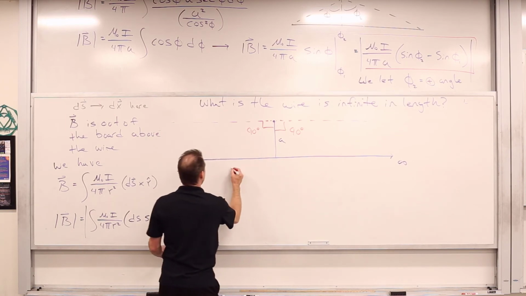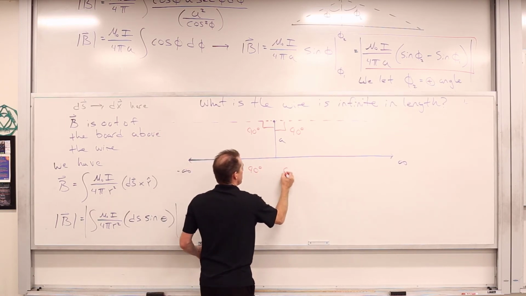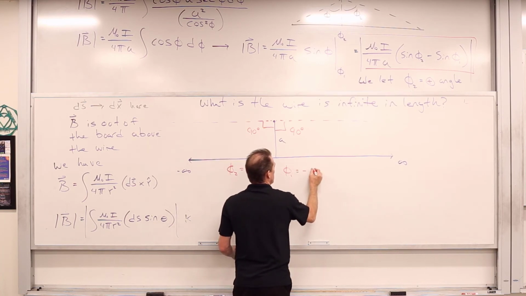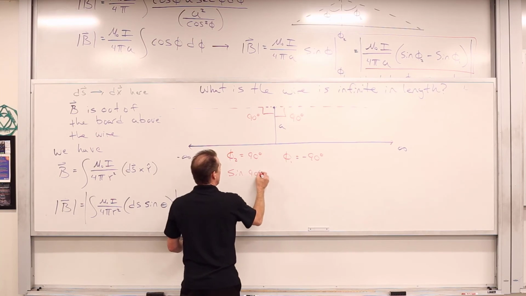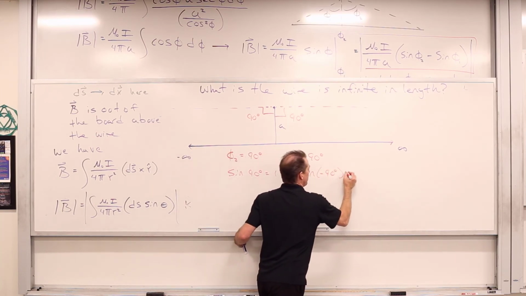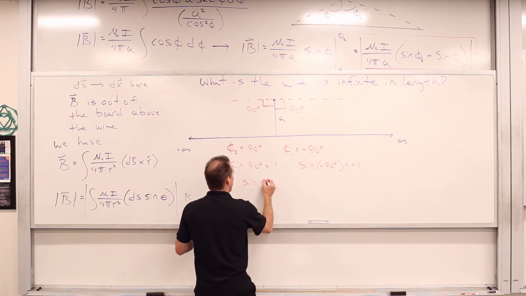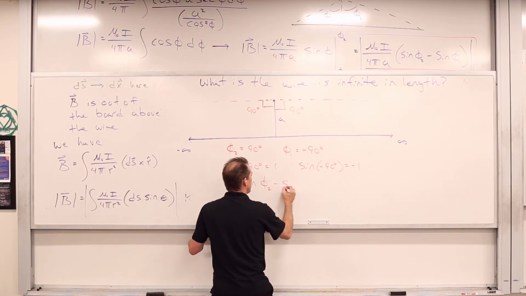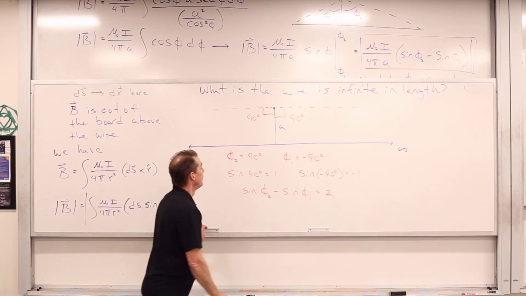So let us just say that phi2 is equal to 90 degrees and phi1 is equal to negative 90 degrees. The sine of 90 is equal to 1. The sine of negative 90 is equal to negative 1. So the sine of phi2 minus the sine of phi1 will be equal to 2.